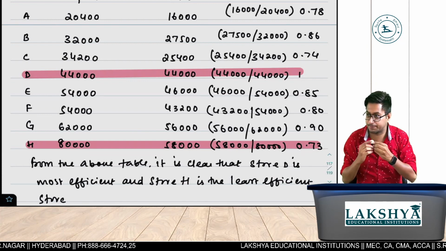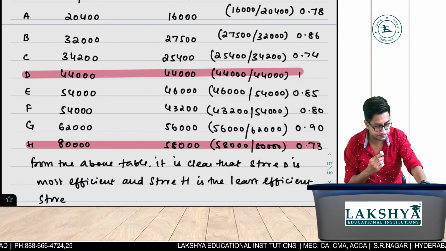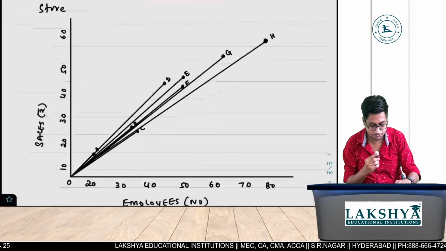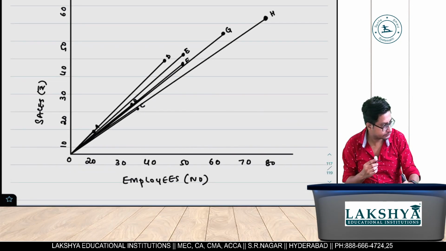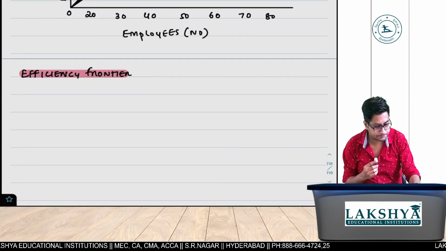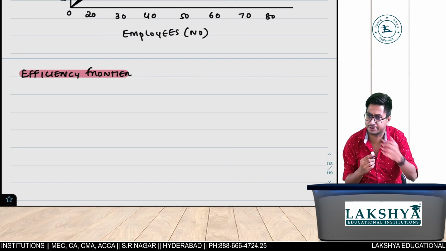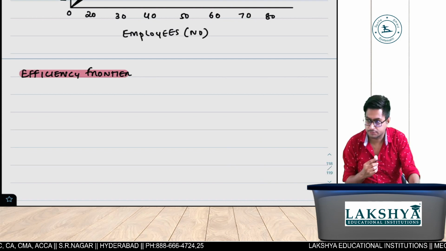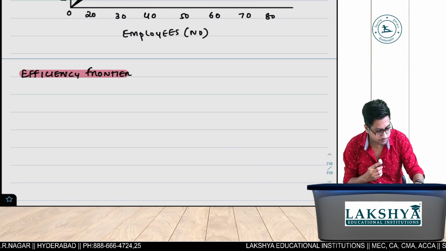Page number 113 पे efficiency frontier is there, right? That you send. Send it fast. Need not type anything. Send screenshot. Even if you take photo also, it's okay. This is what I wanted.